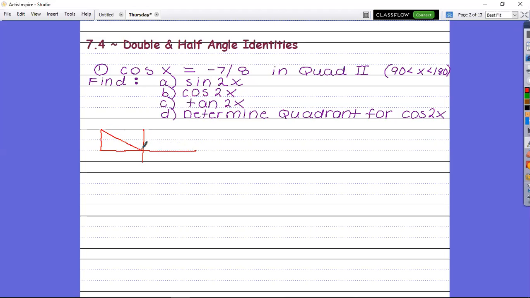Now I'm going to label what I have on this. I gave you the value for cosine. So here's x. Cosine by definition is adjacent over hypotenuse. And clearly we know one of those is negative. A hypotenuse is never negative because it's the result of Pythagorean theorem. But this side, I went left of 0, so this is my negative. That would be -7 and 8.